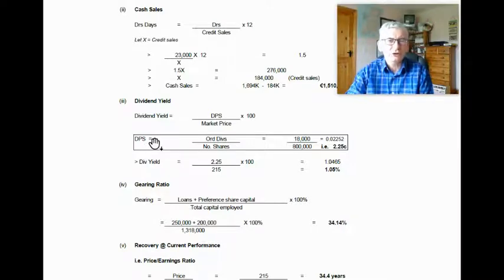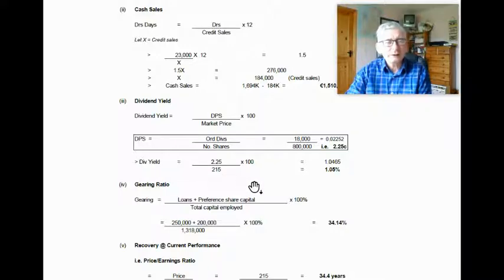So it's the ordinary dividends divided by the number of ordinary shares. We've worked out in the foundation part, 18,000 are the ordinary dividends divided by the 800,000, and that gives you 0.02252. Now, what's that in cent to 2 decimal places? That is 2.25 cent.